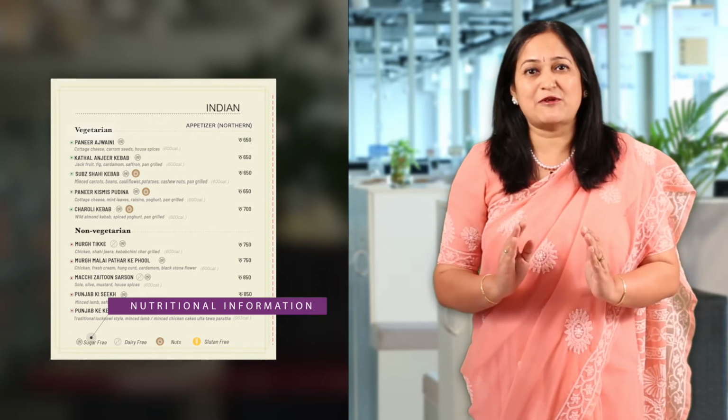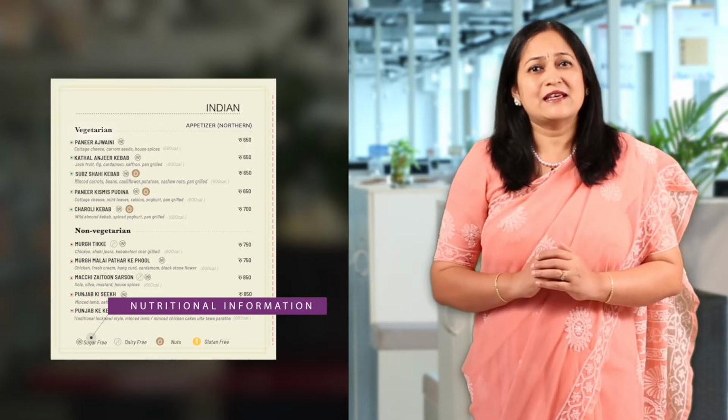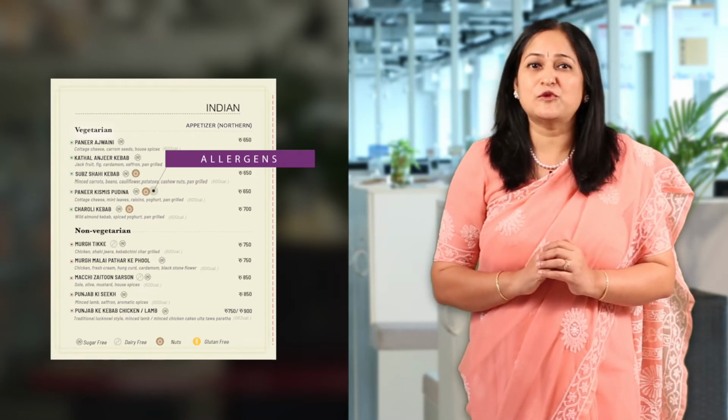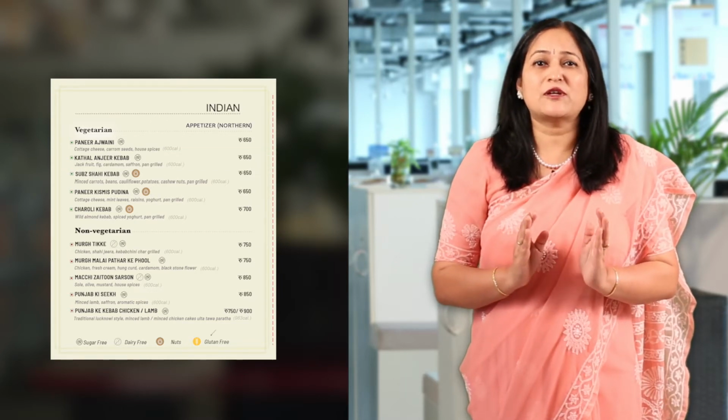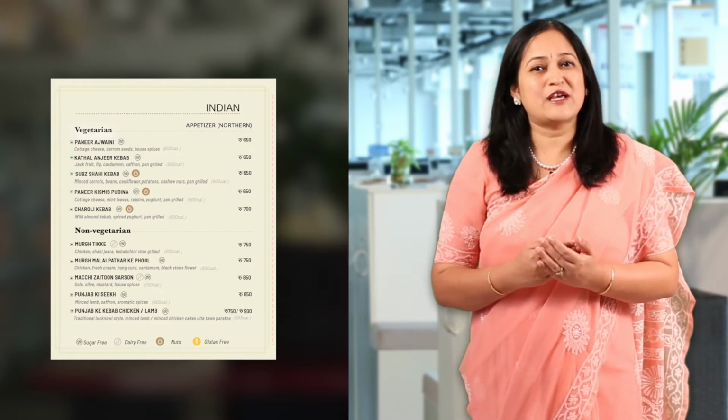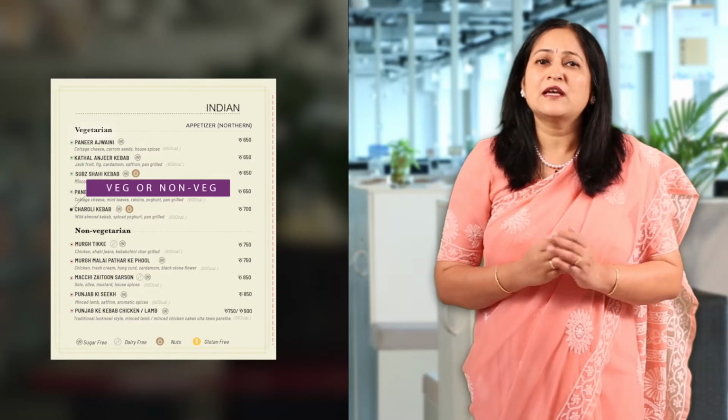Next is the information on potential allergens present in food items, whether the product is gluten-free, indication whether it is veg or non-veg product, storage and holding temperatures, manufacturing and use by details, information relating to organic food or ingredients or fortified food.